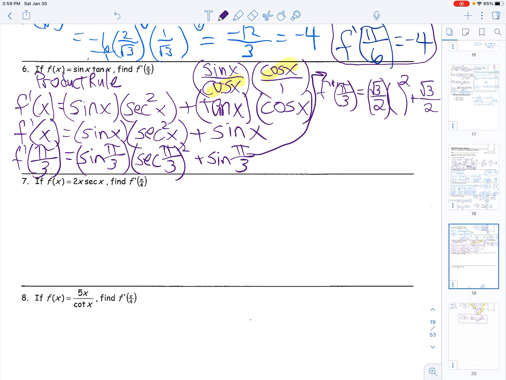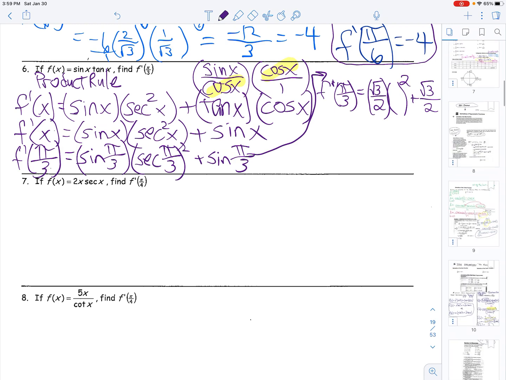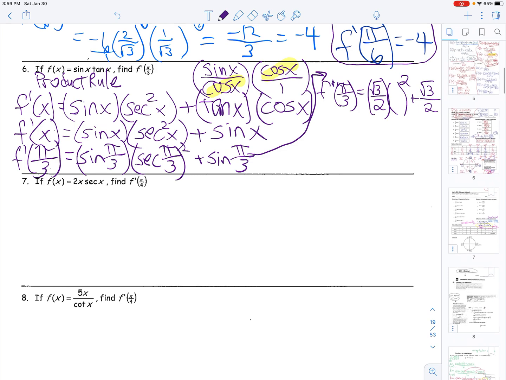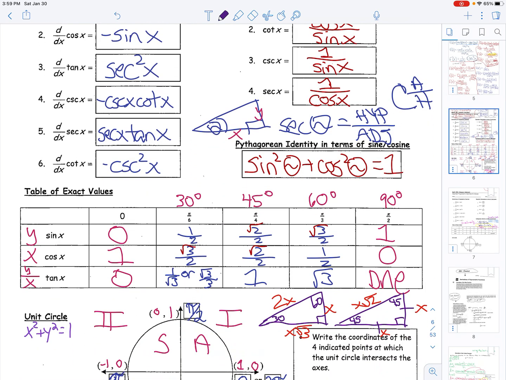Secant pi over 3 is, the secant function is the reciprocal of cosine, right? So cosine pi over 3. We'll go back. Can we fill it in over here?